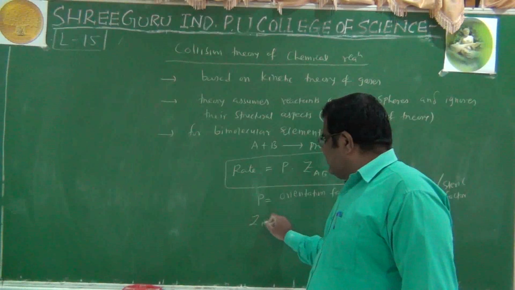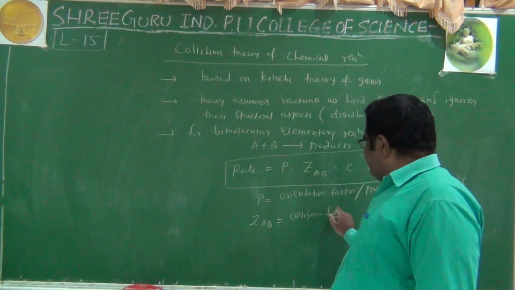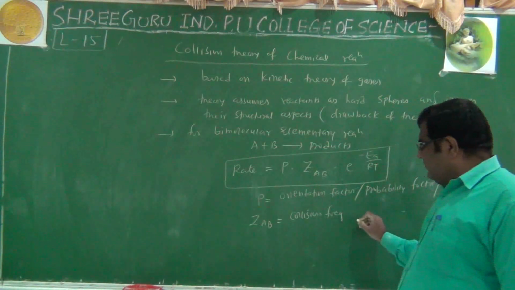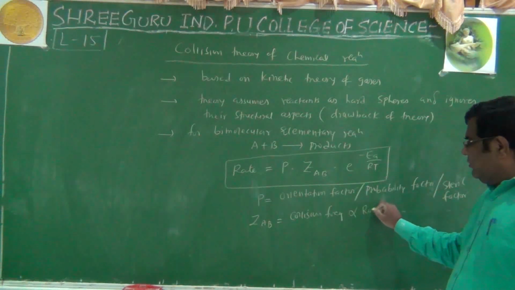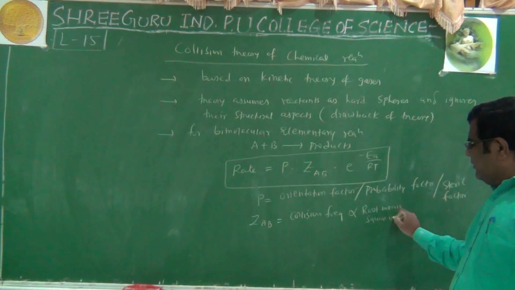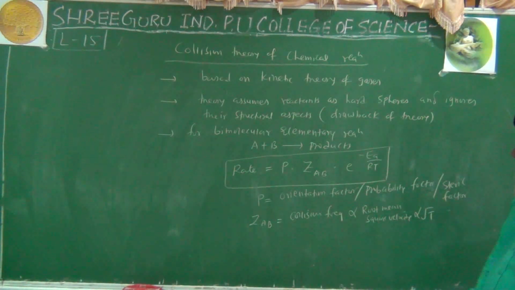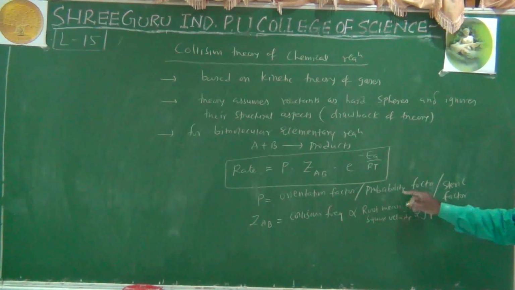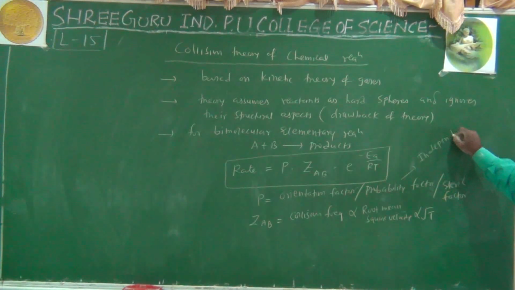And this ZAB is nothing but the collision frequency. It is directly proportional to root mean square velocity, we call it RMS velocity, directly proportional to square root of temperature. And this probability factor, we can say it is independent of temperature.